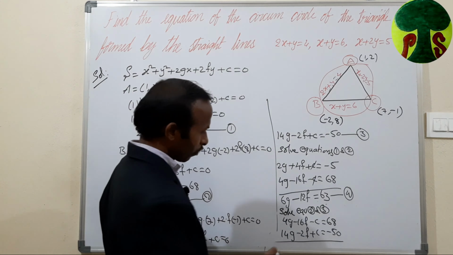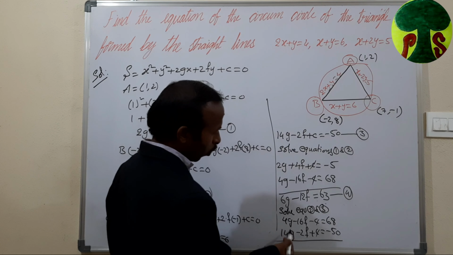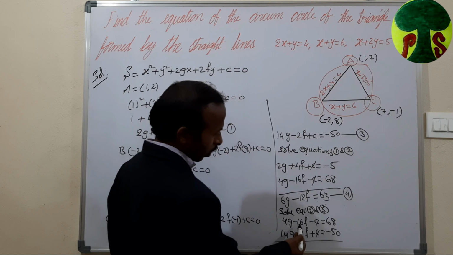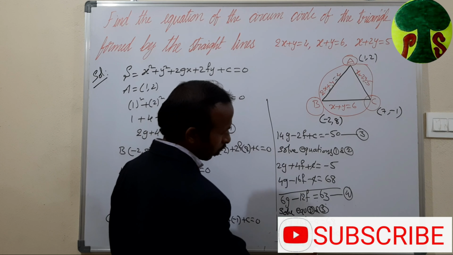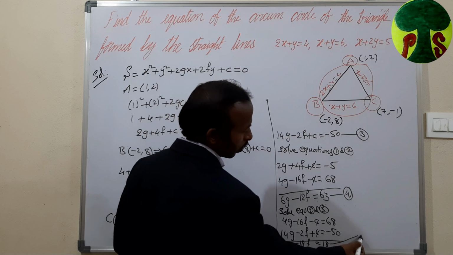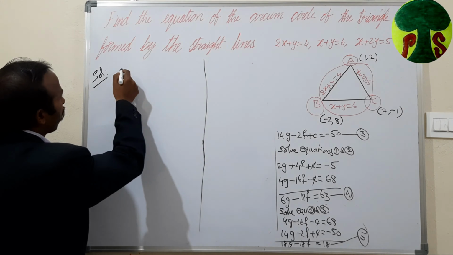Now minus c plus c gets cancelled. 4g plus 14g is 18g. Next minus 16 minus 2 is minus 18f equal to plus 18. This is equation 5. Now solve equation 4 and 5.